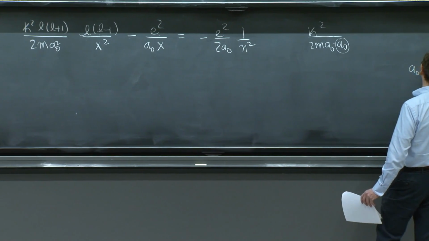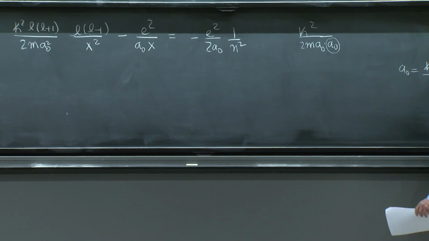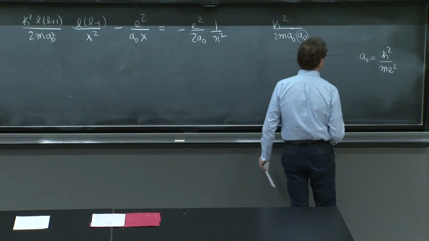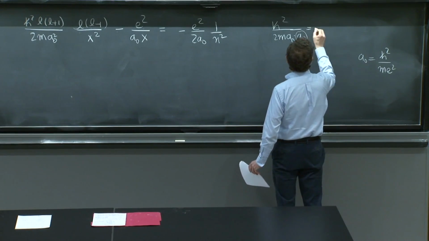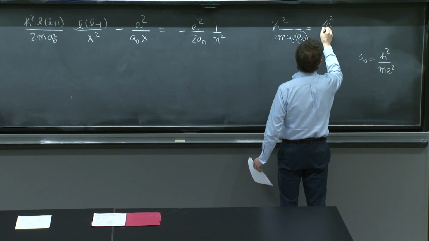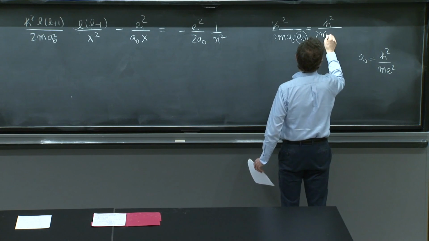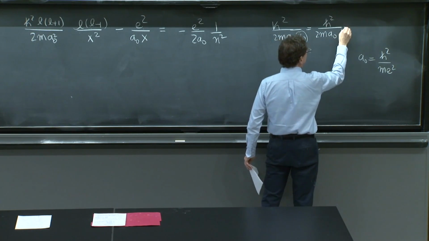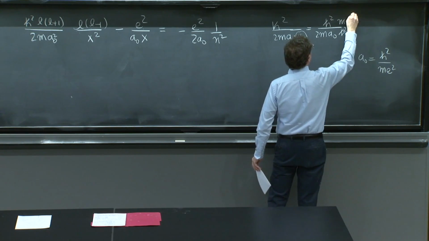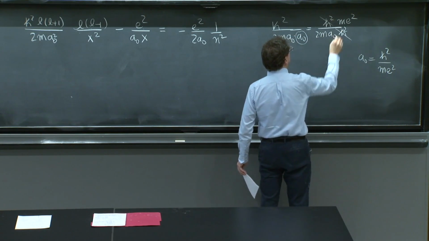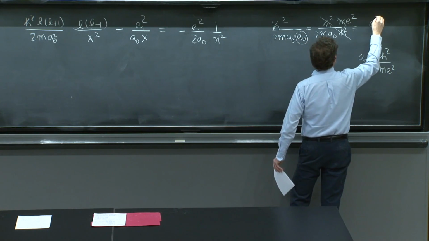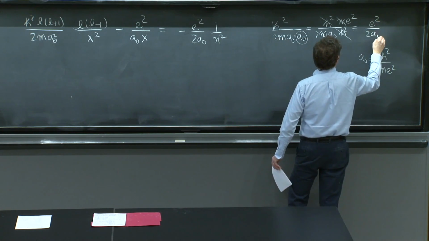Remember, a0 was h squared over m e squared. So here we get h squared over 2m a0, and that a0 now has an h squared, and there's m e squared, so the h squared cancels, the m cancels, and this is e squared over 2a0.